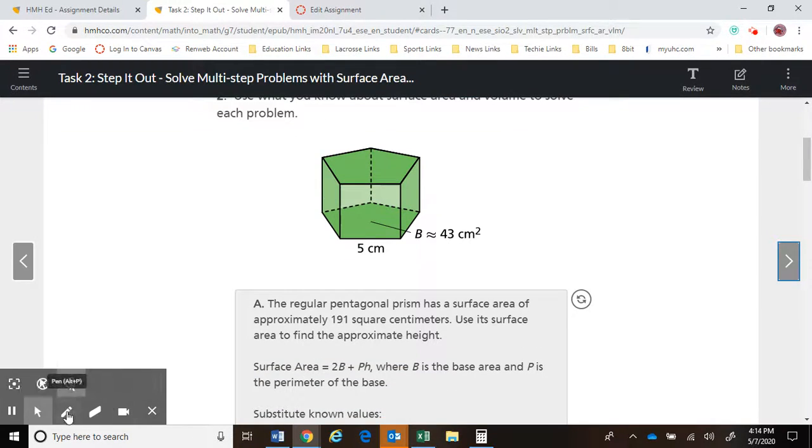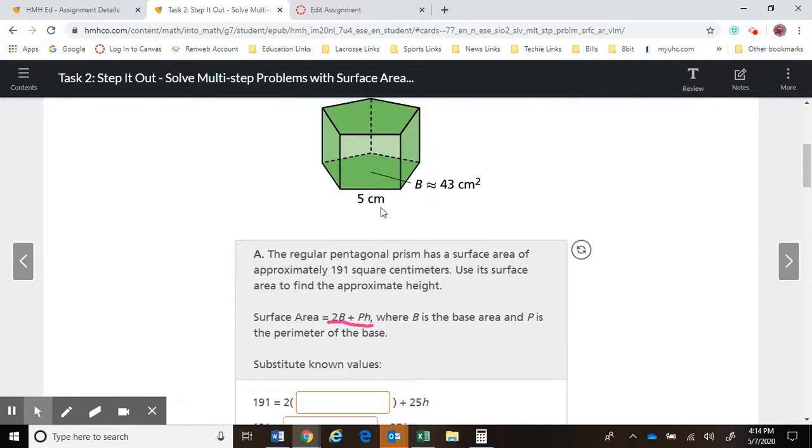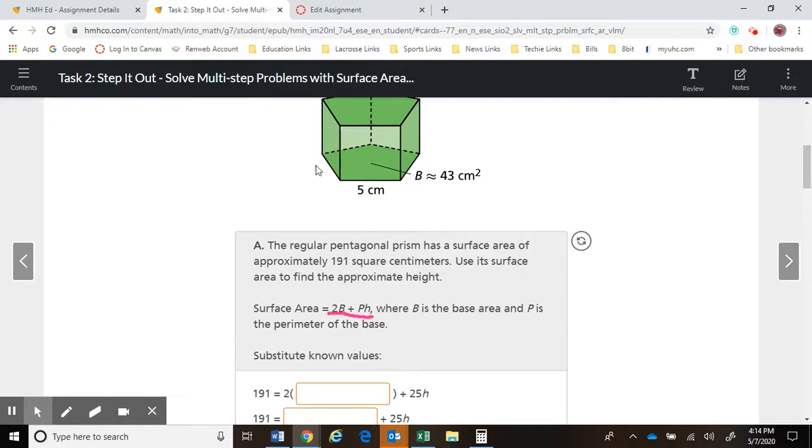Okay, so we saw this formula a bunch of times here. B is the area of the base, P is the perimeter of the base. Okay, and we substitute the known values. So let's see, 191. That's what they're telling me the surface area is.